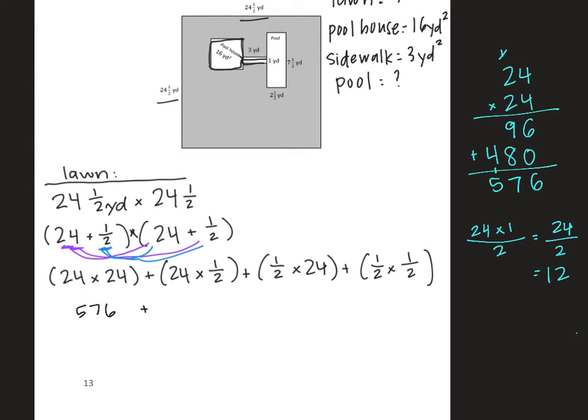So this is equal to 12. All right, come over here and write 12 there. All right, next I have 1/2 times 24. Again, that's the same exact thing, so it's going to give me the same answer, which is going to be 12. And then I have 1/2 times 1/2, which is 1/4. Okay.